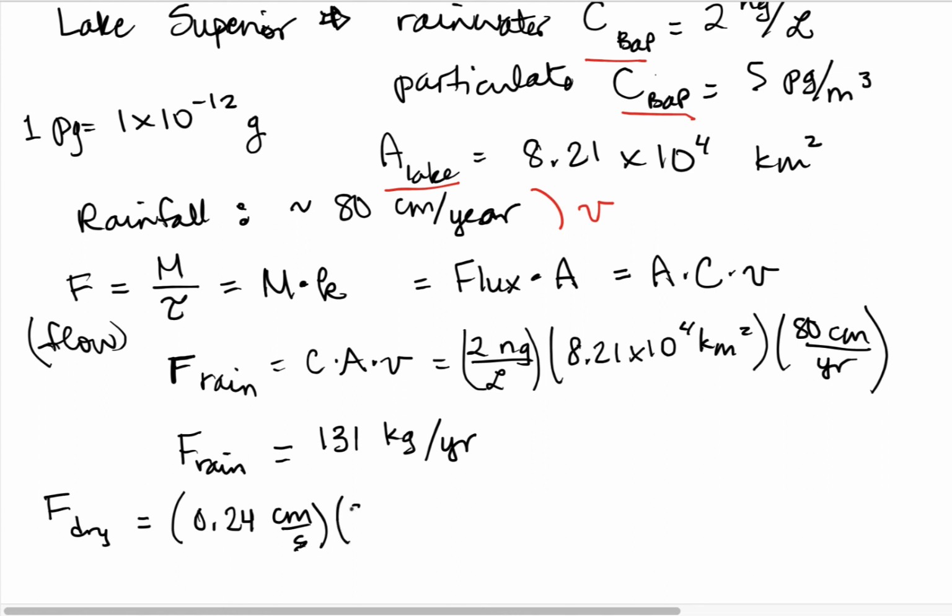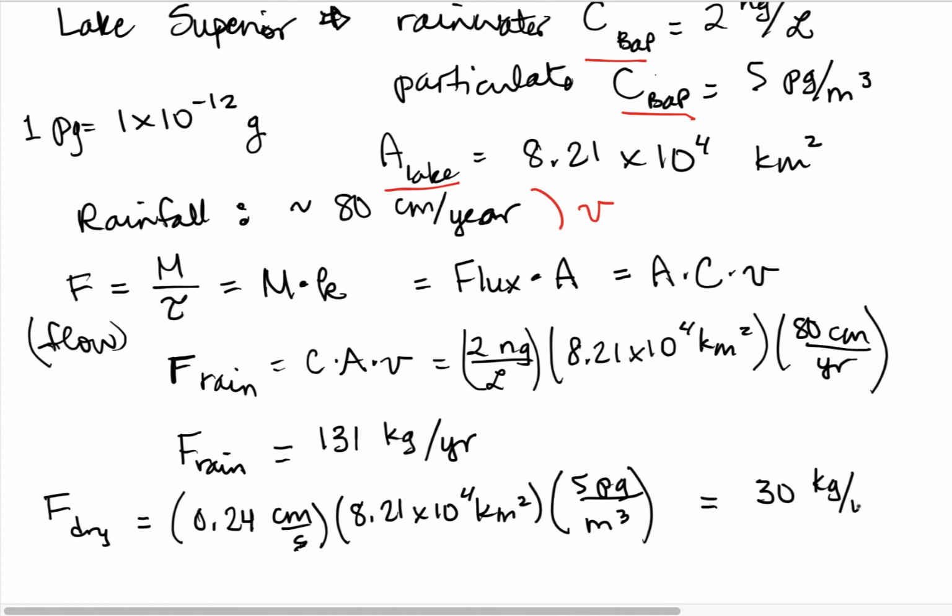Our area is the same, 8.21 times 10 to the 4 square meters. Our concentration was 5 picograms per cubic meter. We need to get to the same units here, and if you do some unit conversions, you should get 30 kilograms per year.